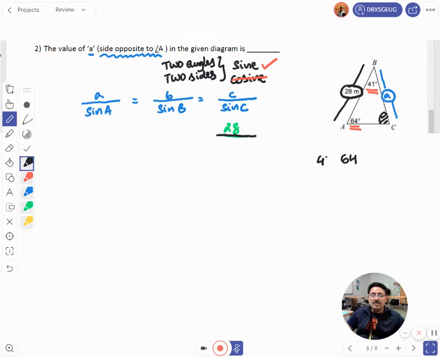First angle plus second angle, and angle C is missing, but we all know that the sum of three angles is 180. So when I sum up these two, it is 105 plus angle C equals 180. Either you can guess or use simple algebra, take away 105 on both sides, and you get that angle C equals 75 degrees.